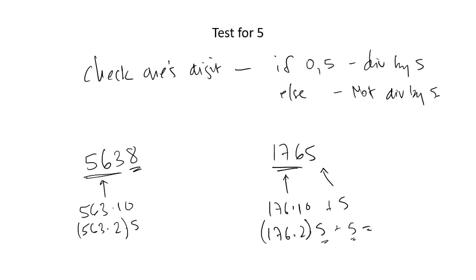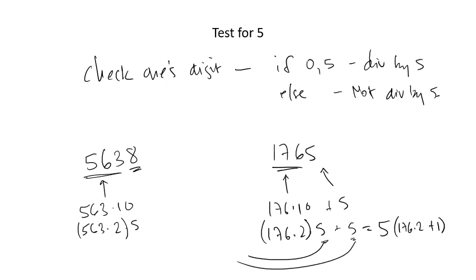So to show how this sort of works, I could use the distributive property, which we haven't talked about in a while, and take these 5s out. And so this would be 170, oh, I forgot my 2. This would be 176 times 2 plus 1.